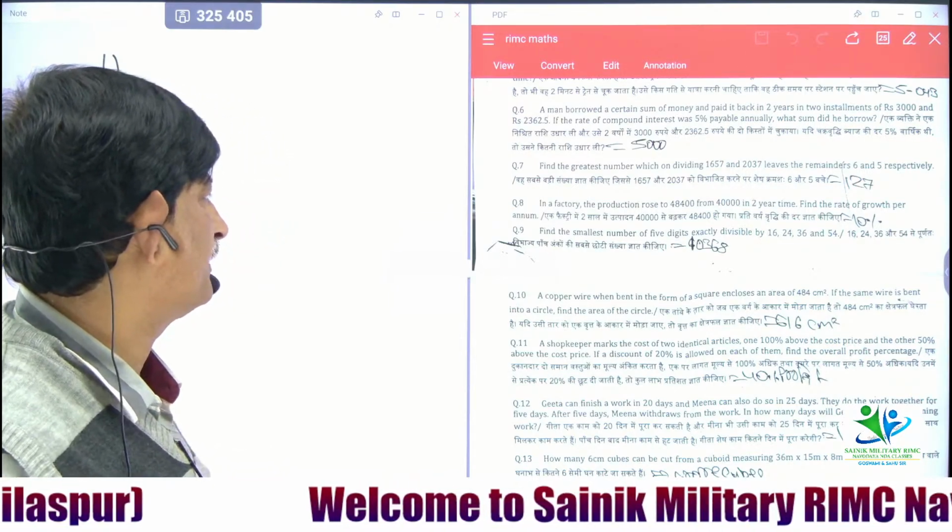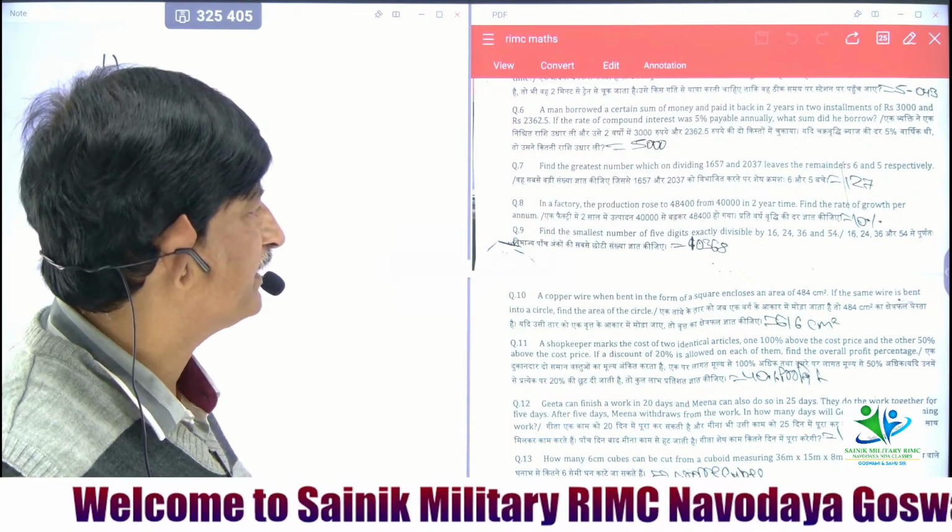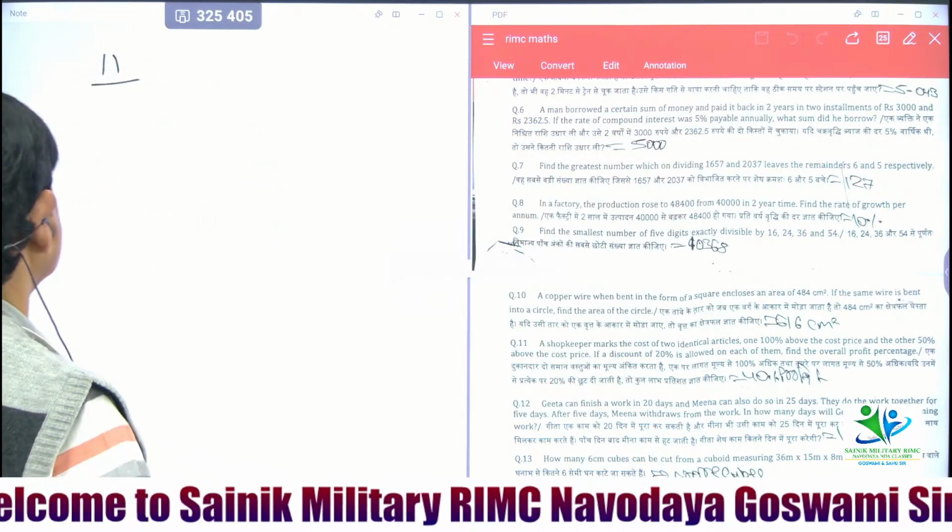See here, shopkeeper marks the cost of two identical articles 100% above the cost price.